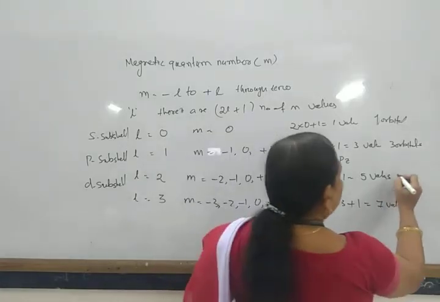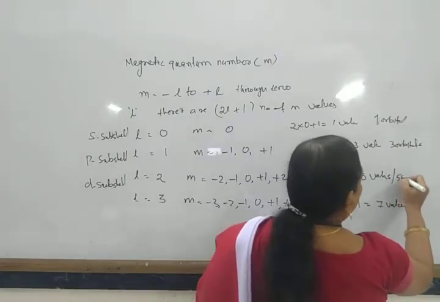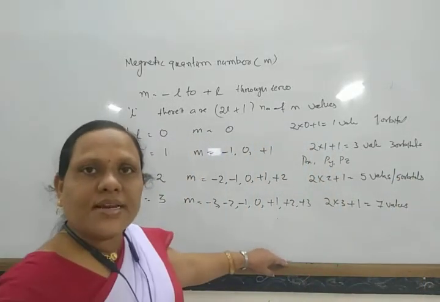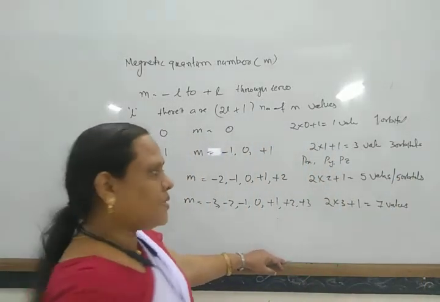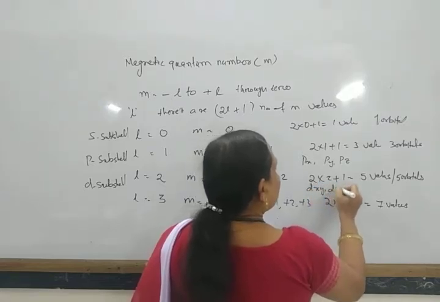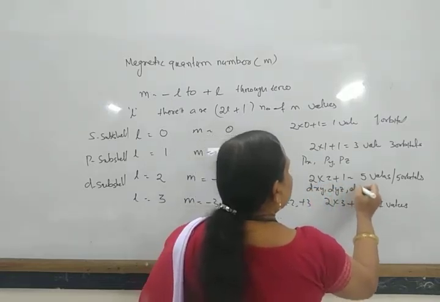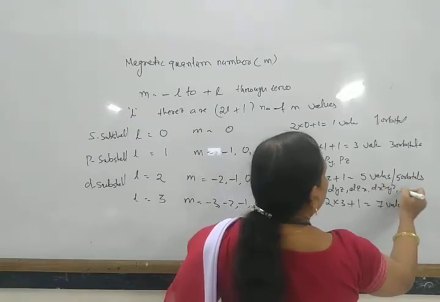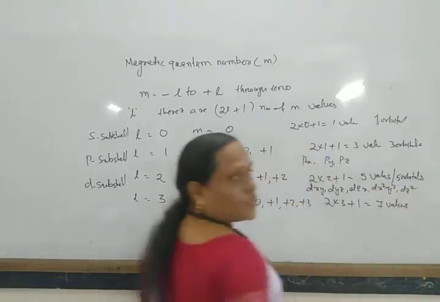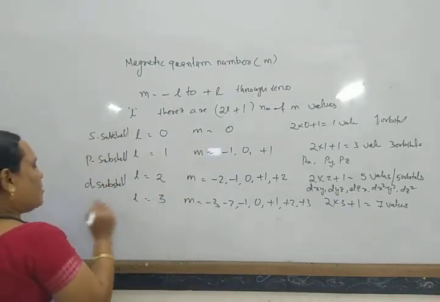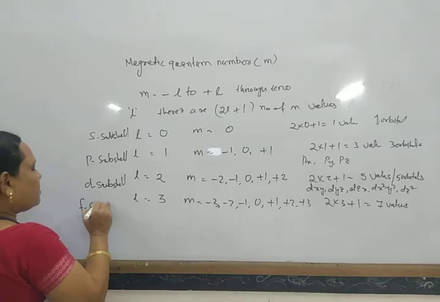So one subshell is classified into 5 orbitals. And what are the orbitals? dxy, dyz, dzx, dx square minus y square, and dz square. 5 orbitals.